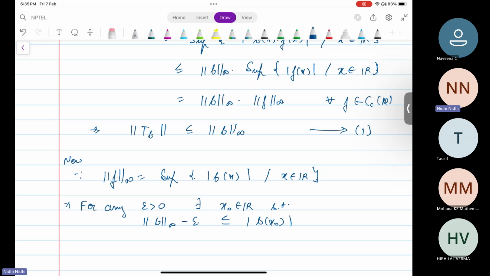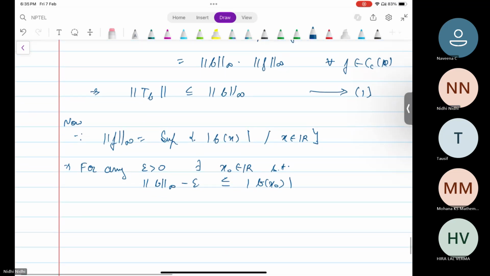I hope you all must be familiar with this property of the supremum. Similarly, we have for the infimum when we add some epsilon, we get something which is greater than the infimum.